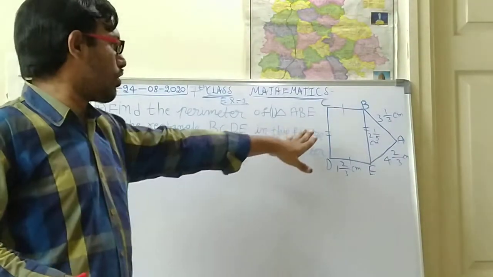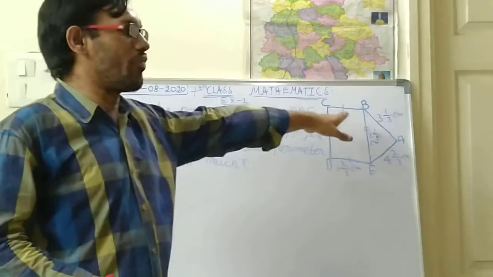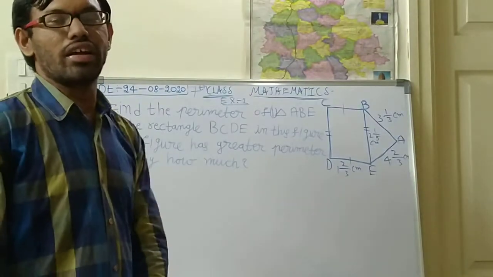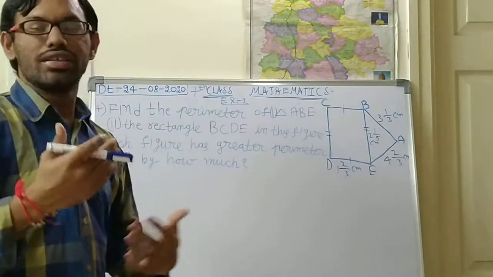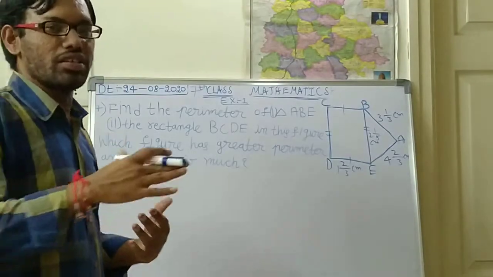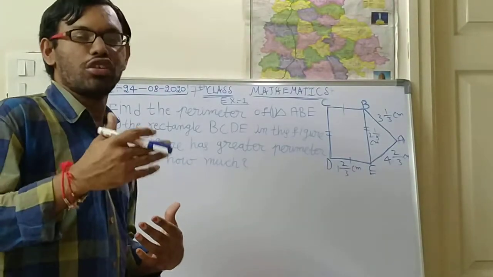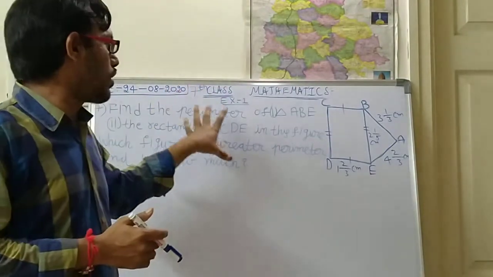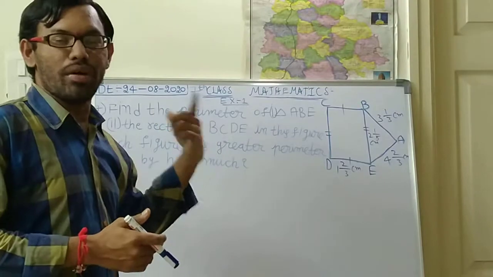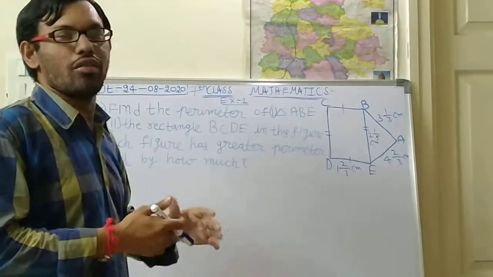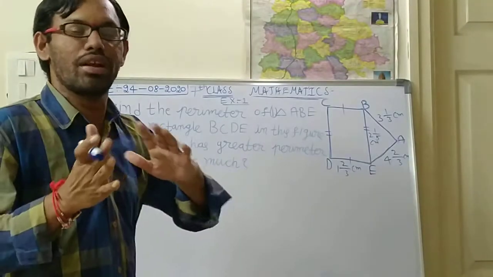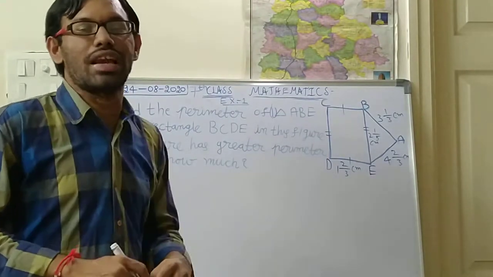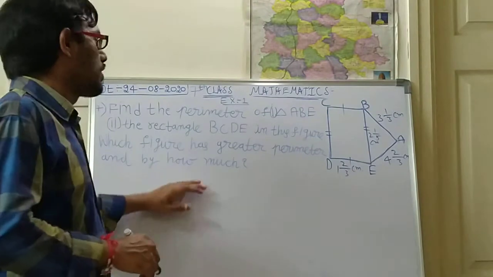Geometry is about the shapes of geometrical objects like rectangle, triangle, square, circle, cylinder. You have already learned about geometrical objects and their areas and perimeters in your 6th class. So now we shall solve this problem.